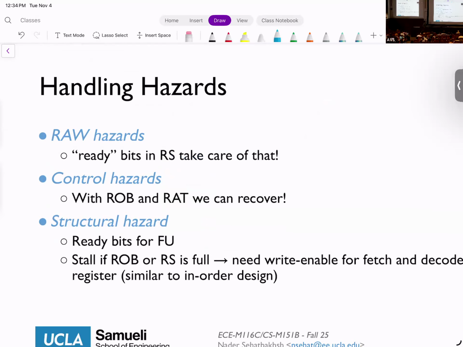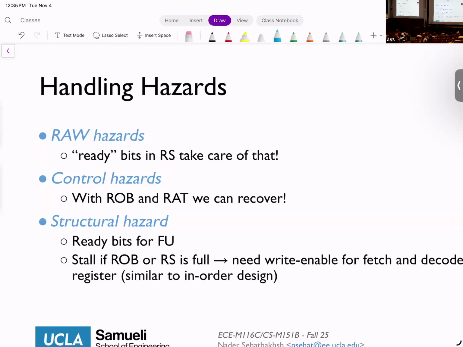It's also good to look back and summarize how we handle the hazards. The RAW data hazard is handled by looking at the ready bits of our reservation station. Whenever the ready bits are not ready, we don't issue that instruction. Control hazards are handled by the recovery mechanism for our ROB and RATs.